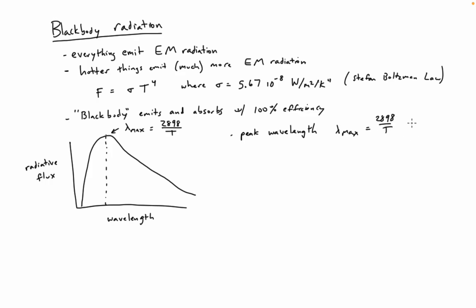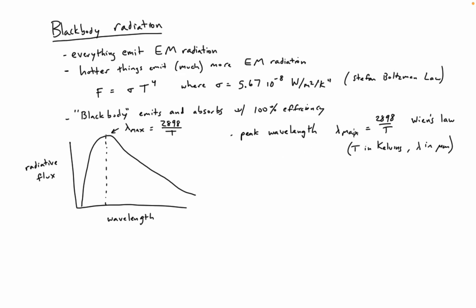This is called Wien's law, and I might be pronouncing that wrong. So temperature here is in kelvins, and the wavelength in microns.